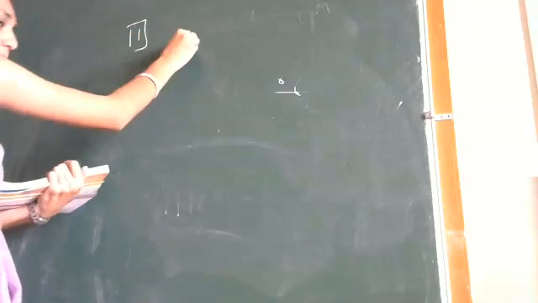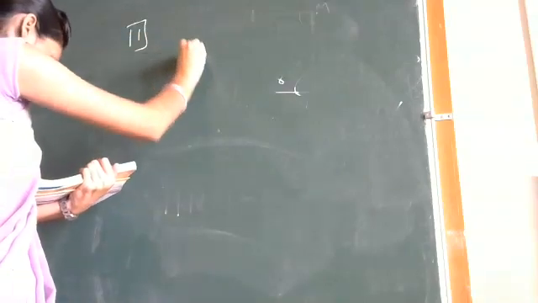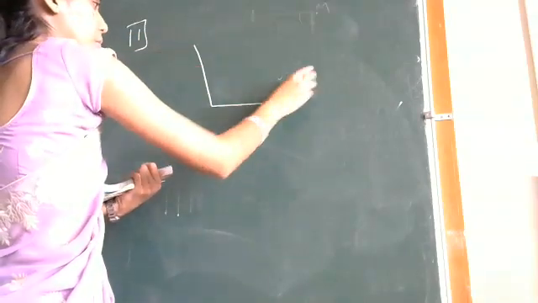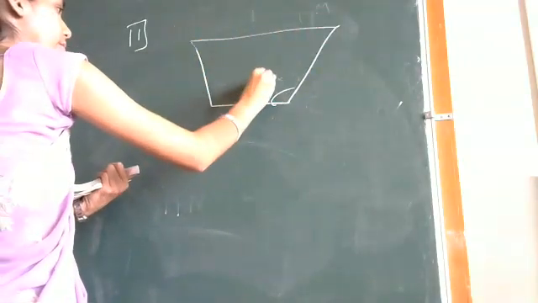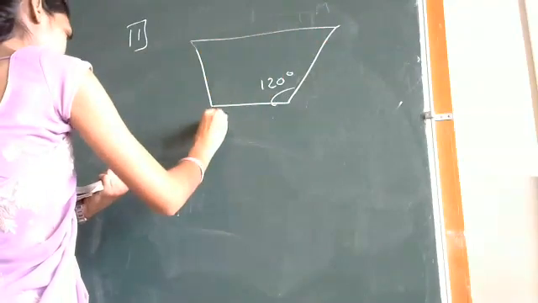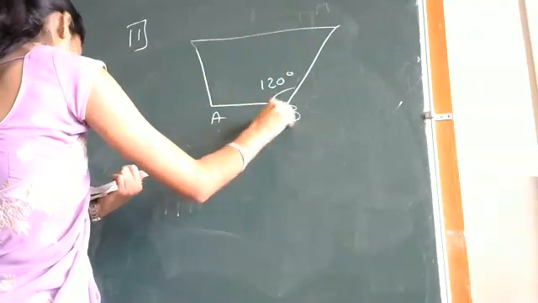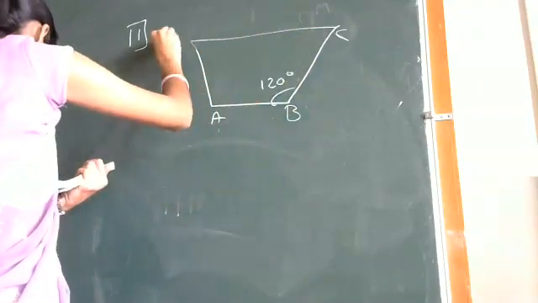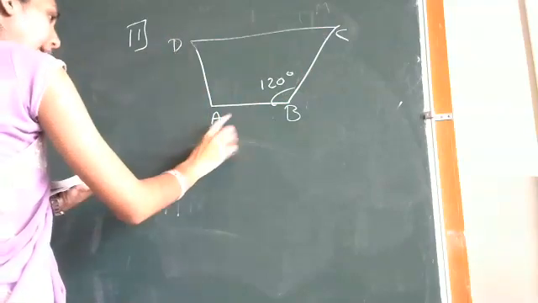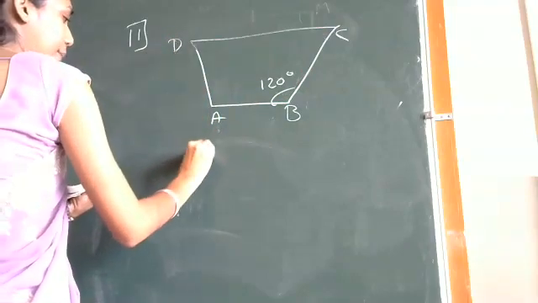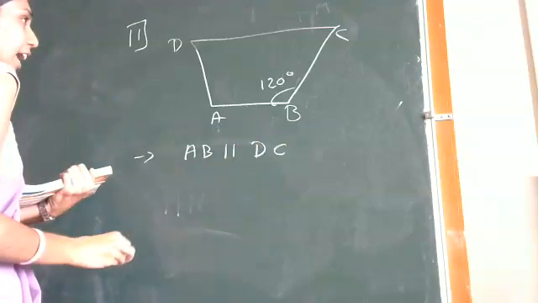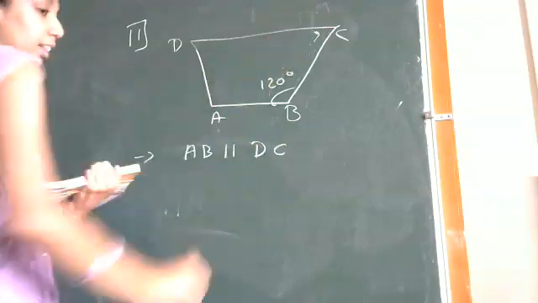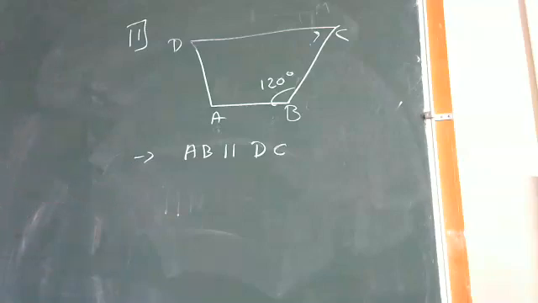That is the 11th one. A, B, C, D. In this, which are parallel? AB is parallel to DC, they have given us, and they have asked us to find this angle, right? Angle C we need to find out over here.